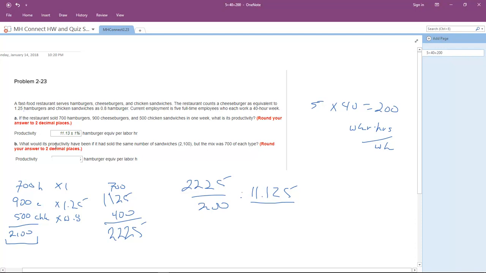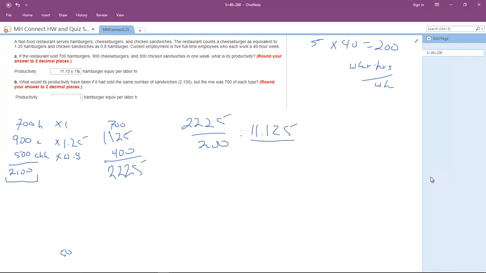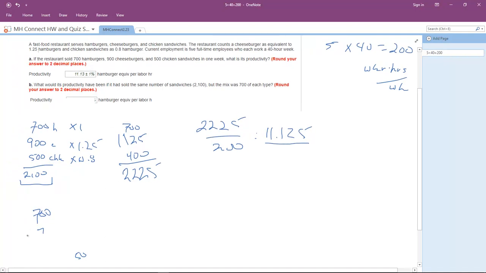The second question is, what would its productivity have been if it sold the same number of sandwiches, which was 2,100 that we calculated, but the mix was 700 of each type? It's doing the same problem over again with a different set of numbers. I'm running out of room, so I'll come down a little bit here. Instead of the quantity mix we had on the left, we ended up making and selling 700 of each. 700 and 700.